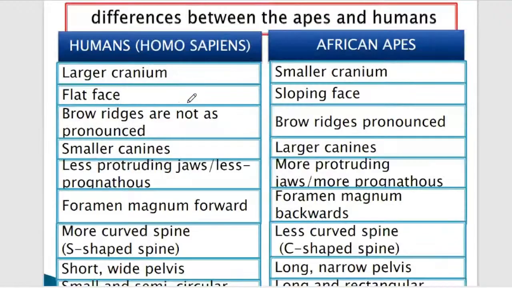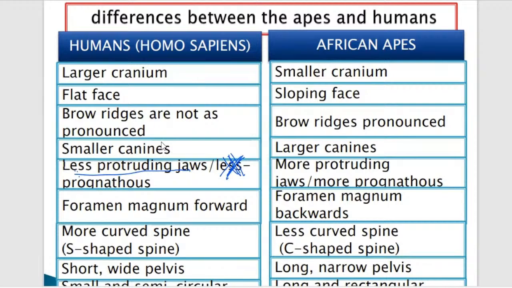So guys, there's something which I need to talk about here. Don't say less prognathus. You see this word? You can say less protruding jaws, but you don't say this part, because we updated this after the book was out, so we have to update it next year.